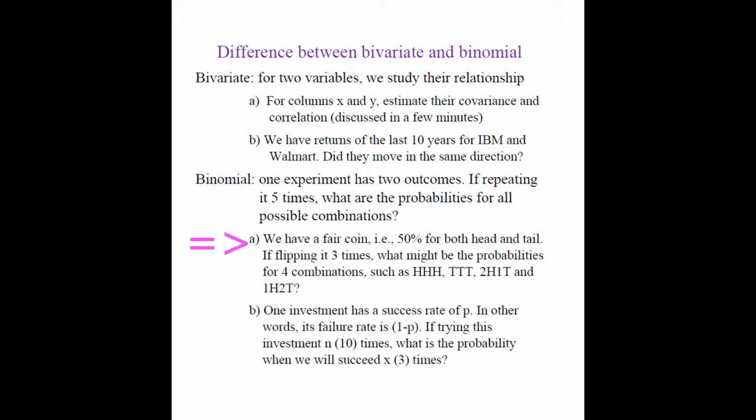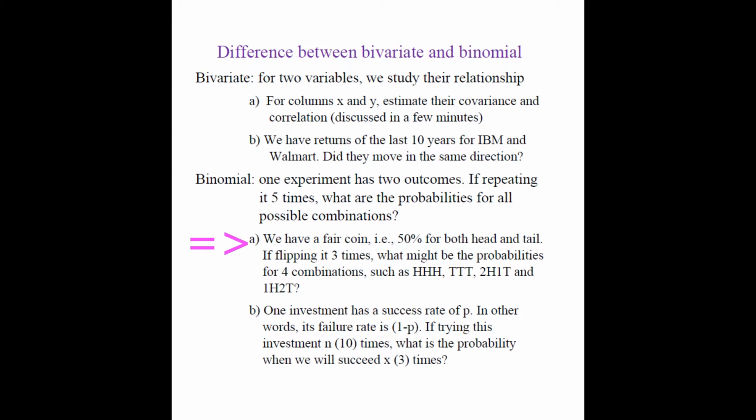A. We have a fair coin. It indicates we have a 50% chance for head and also for tail. If we flip 3 times, what might be the probability for various combinations?